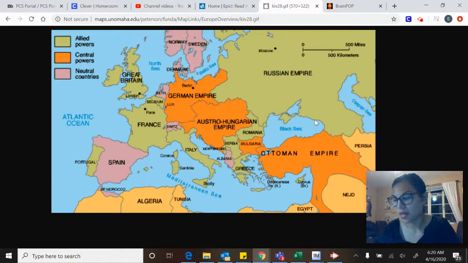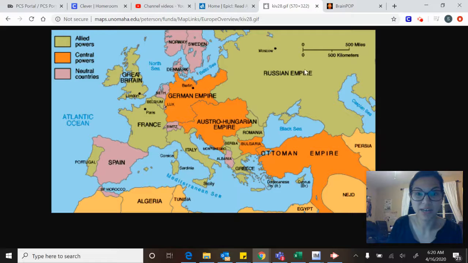There were kind of 3 sides to World War I. There were the Allied powers, and those are the countries that you see shaded in green on this map. Now, this is just a map of Europe because most of the battles were fought in Europe, mainly France and Belgium. However, countries all around the world, including the United States, were a part of World War I, okay?